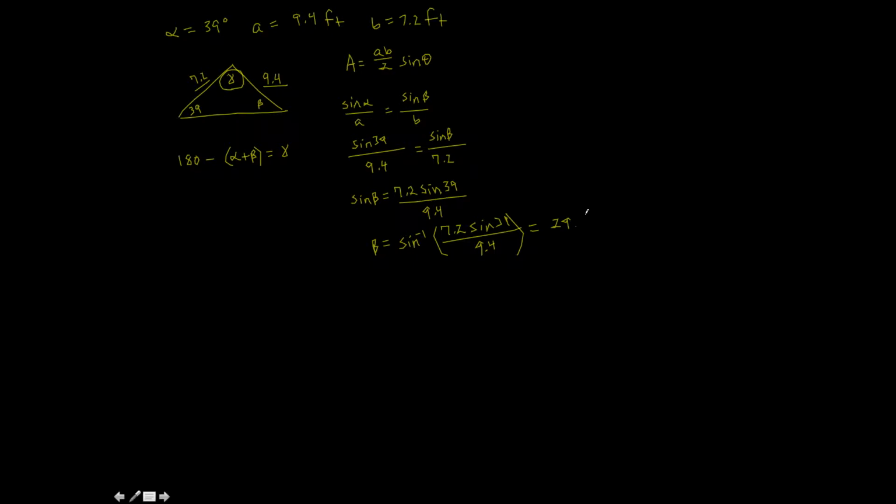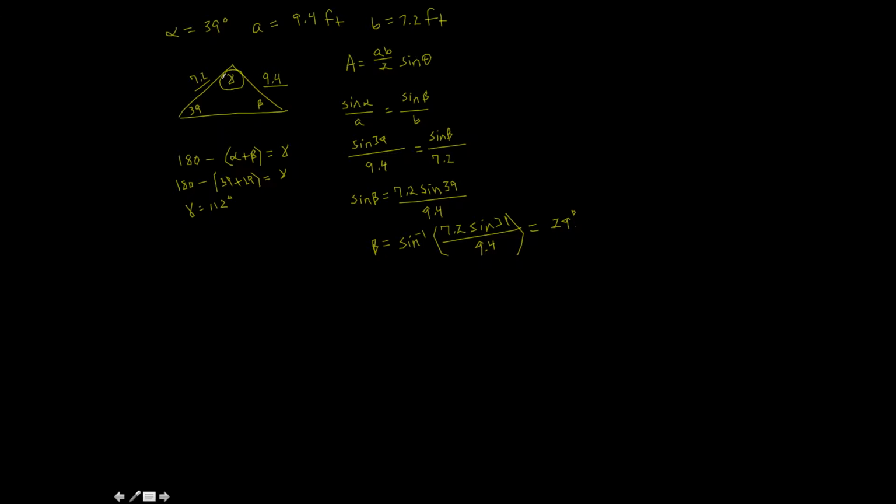Now, once you have that 29 degree mark, we can subtract, say, 180 minus 39 plus 29 to get our gamma. So in this case, gamma is going to be 112. So now we know gamma.